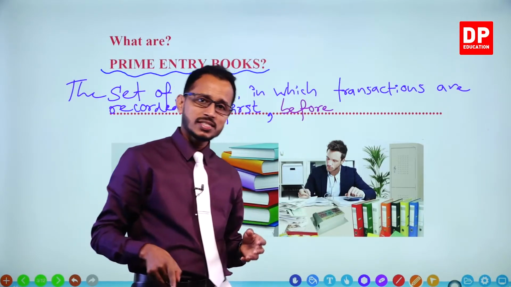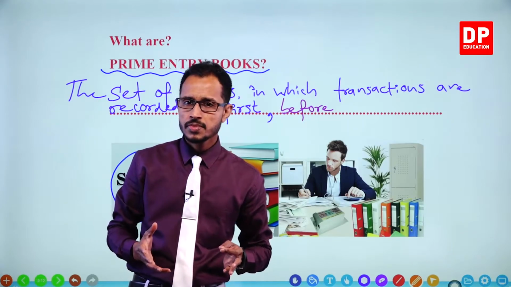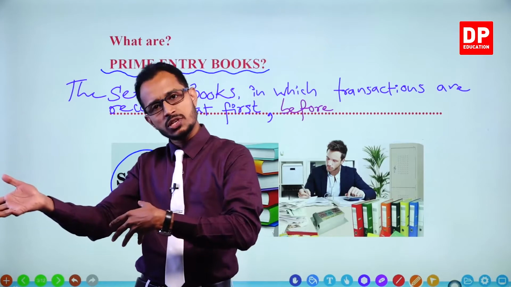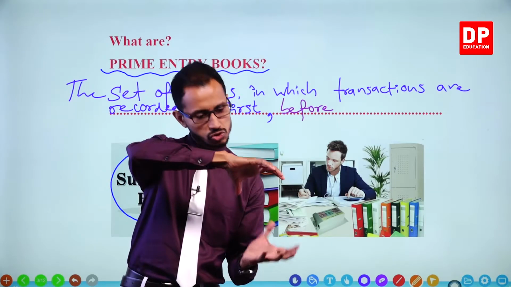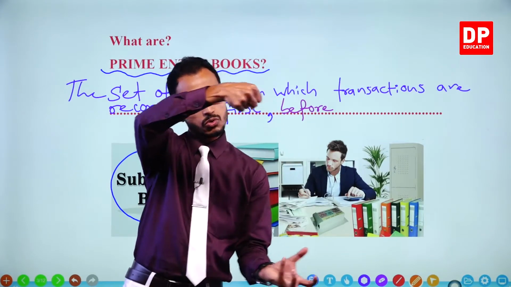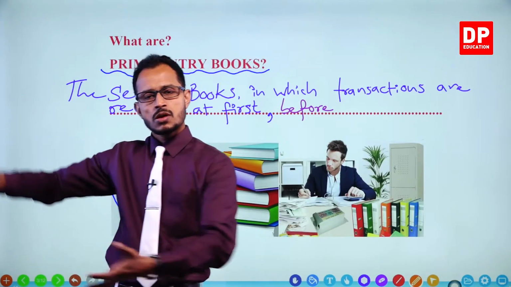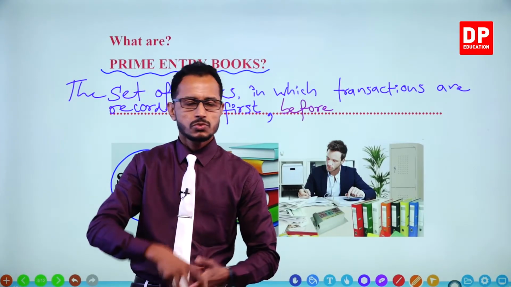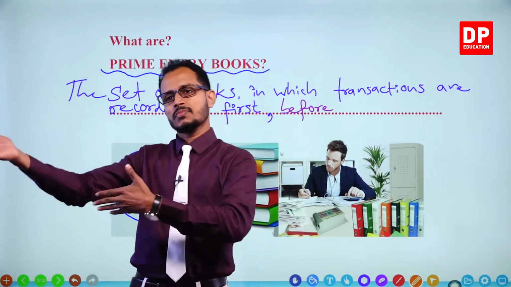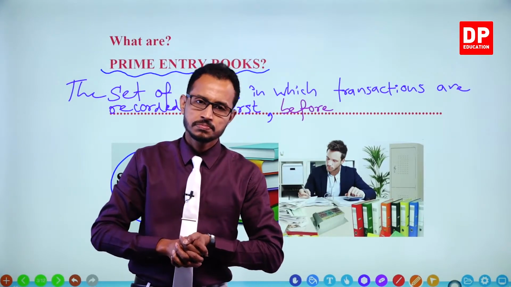Then when I gave you the transaction, goods sold on credit worth 1,500, goods go out, goods are sold. A customer takes the goods from the business. So the goods that the business has decreased because of the transaction.